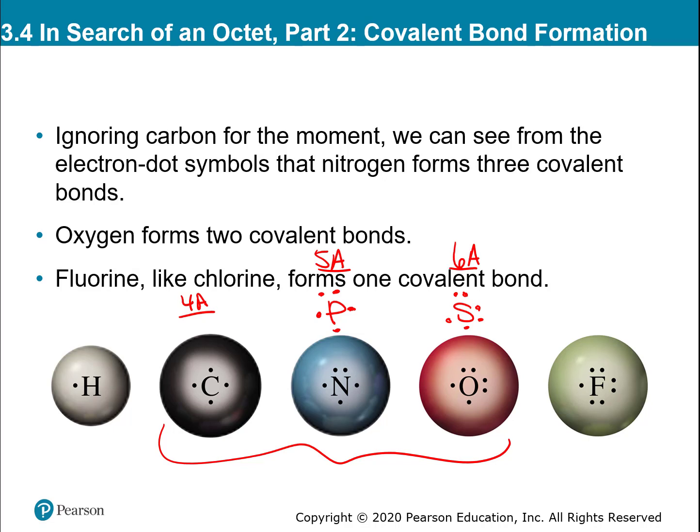So carbon has 4 valence electrons. In order to be stable, it has to have how many? 4 more, right? It's going to end up having to have 8.